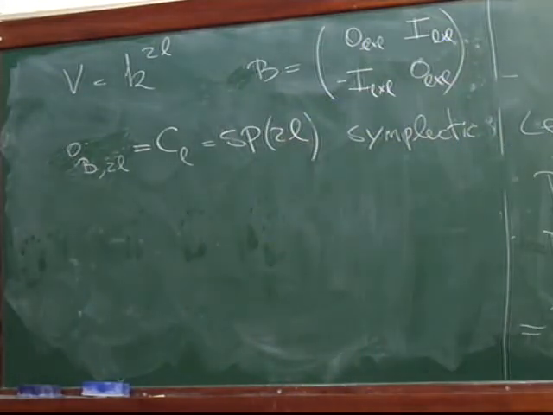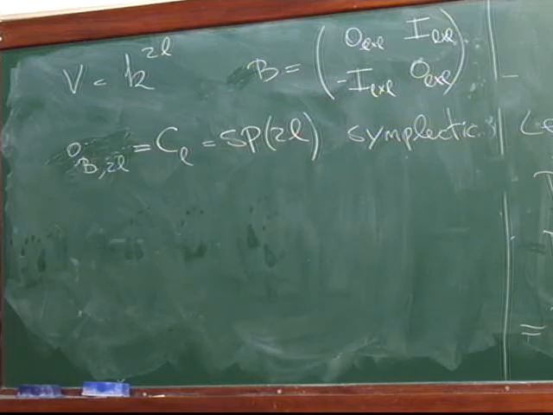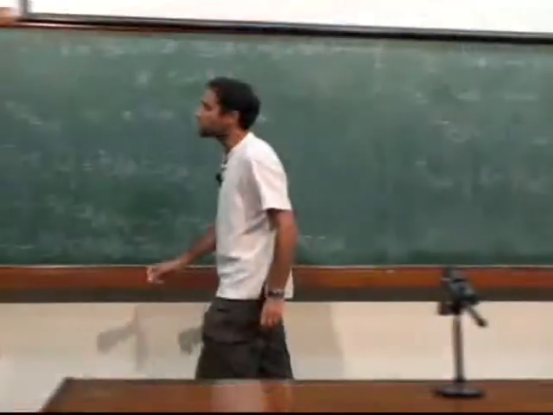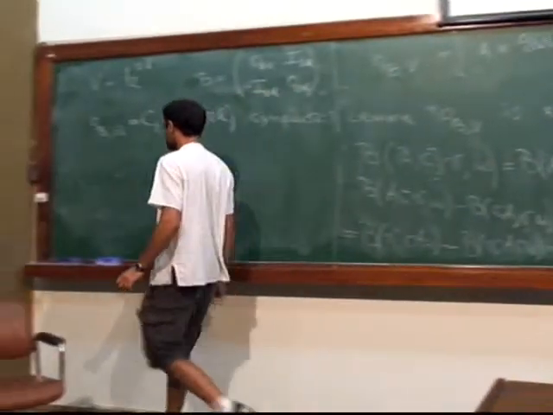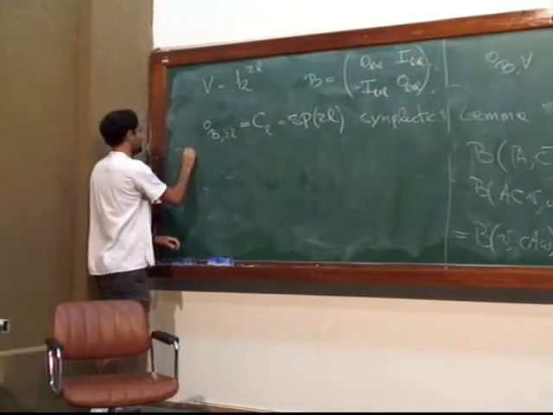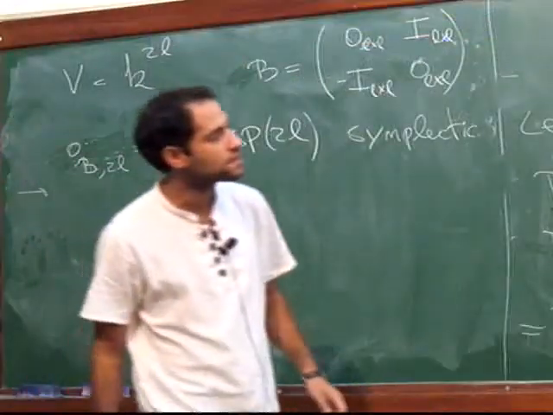So this gives us infinitely many Lie algebras, one for each L. There's another series, which I'm now calling examples B and D.